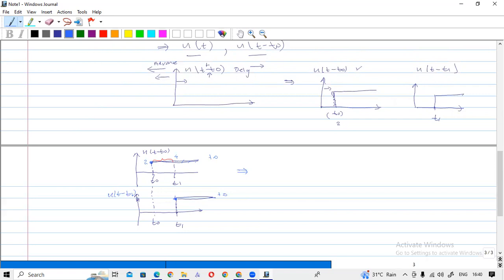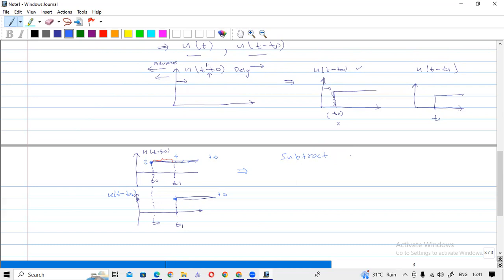What do you have to do? You have to subtract, no? You have to subtract these values from this value.